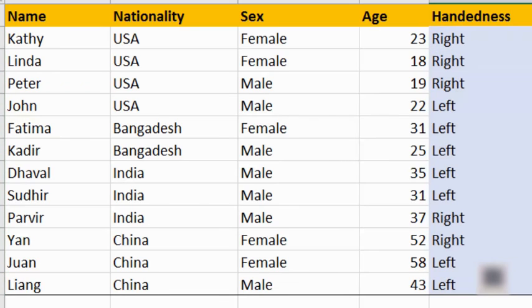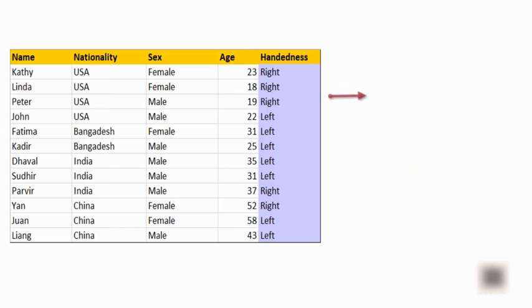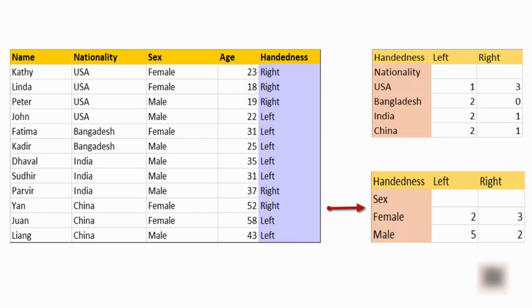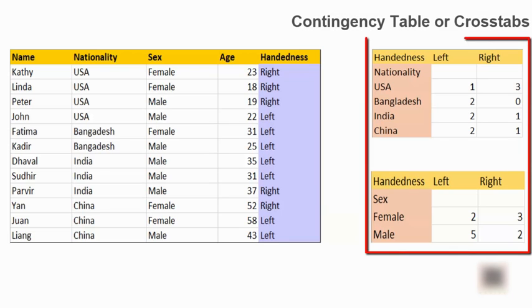Now, for your business analytics or your research purpose, it might be useful to have this two variable table where on the x-axis you have a nationality and on the y-axis you have whether individual is right-handed or left-handed, or you could have the sex like male or female on the x-axis, and the y-axis can indicate the handedness of the person. And these two tables are basically your contingency table or crosstab, and Pandas Crosstab can help you generate these tables very easily.